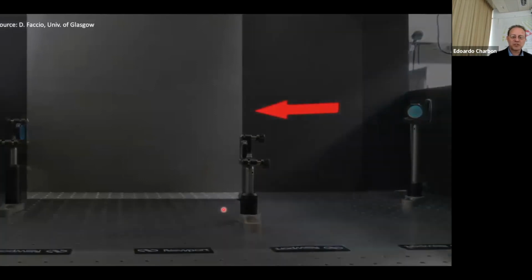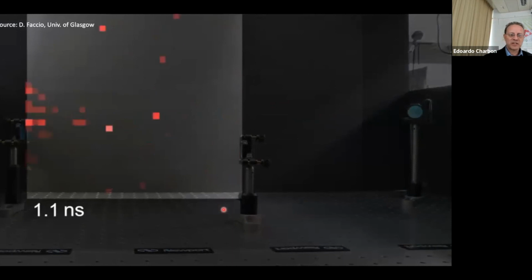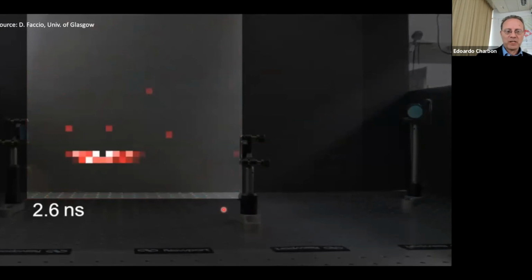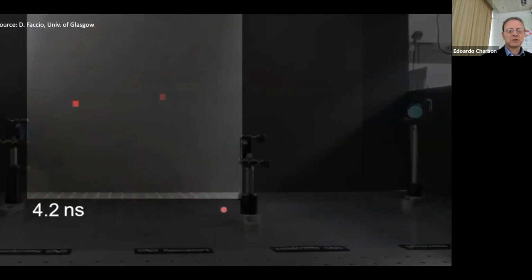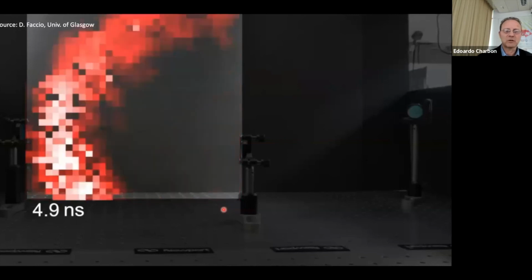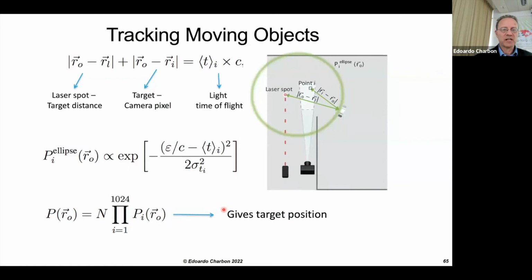So this is a demonstration that was done by a colleague of mine, Daniele Faccio, and here you can see the reconstruction of the image by just looking at these multiple reflections. It's a complex problem with a complex solution. He uses machine learning to come up with a proper reconstruction. But the reconstruction is actually very accurate.